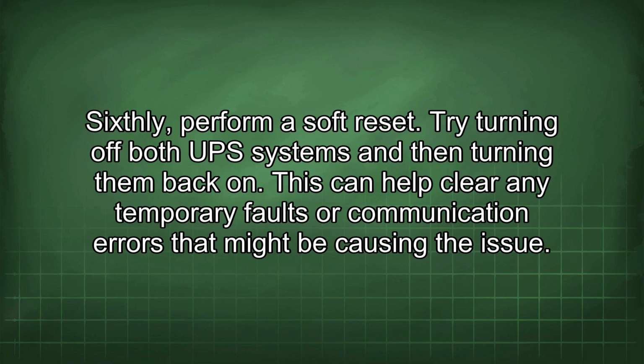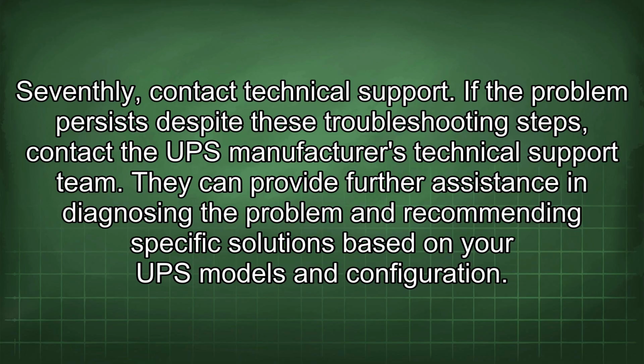This can help clear any temporary faults or communication errors that might be causing the issue. Seventhly, contact technical support. If the problem persists despite these troubleshooting steps, contact the UPS manufacturer's technical support team. They can provide further assistance in diagnosing the problem and recommending specific solutions based on your UPS models and configuration.